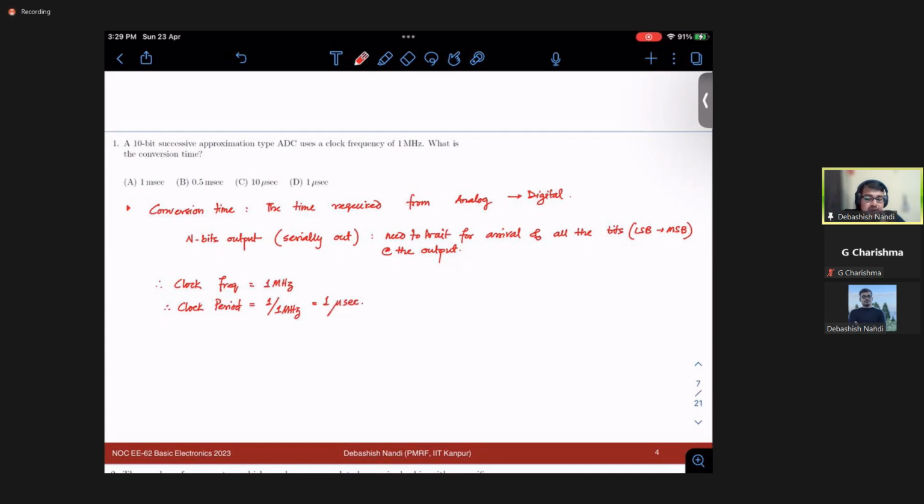So in one clock period, you would have 1 bit output, but you need to wait for 10 bits. Fine.